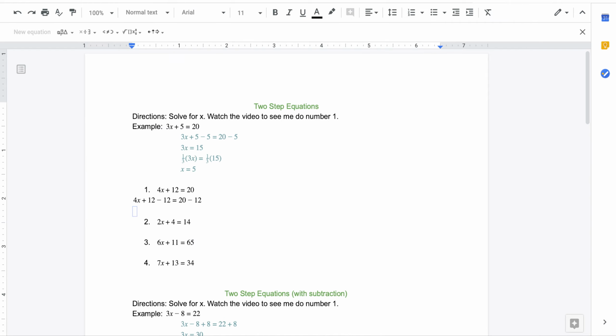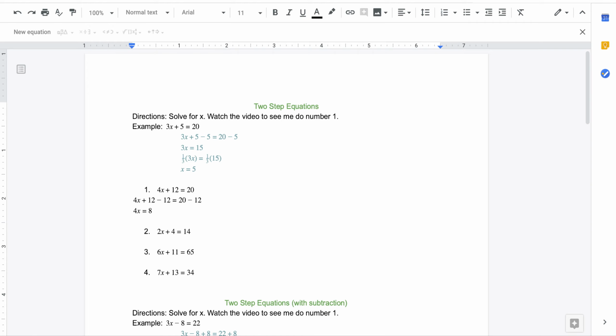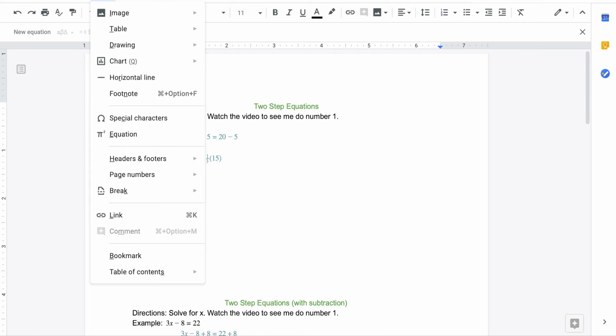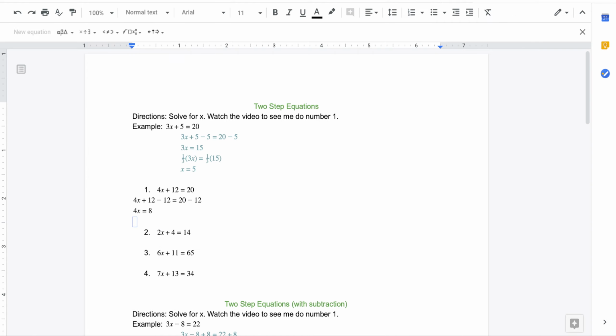And now you get 4x on the left, and on the right side you get 8. And now we want to divide both sides by 4.